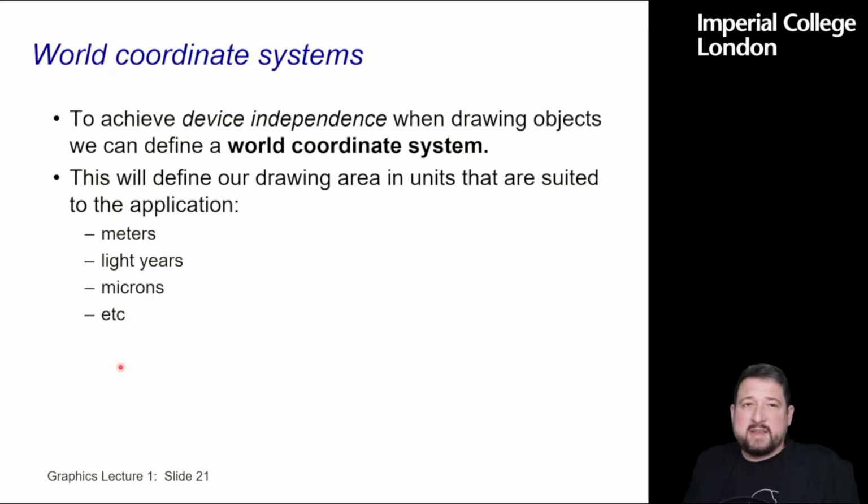How big are they? What are distances? We could be at light years in a universe, to microns on cell level, or even atom level, even smaller. It doesn't really matter what you choose. The key thing is that you are consistent across your application with your metrics.